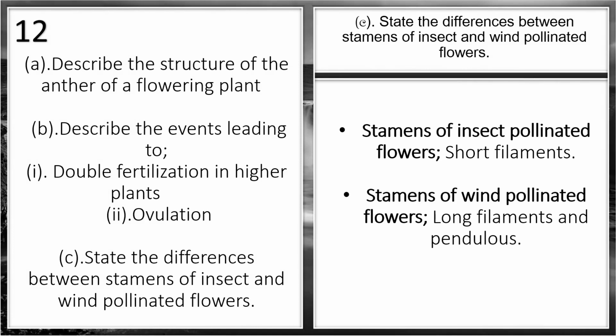Stamens of insect-pollinated flowers have short filaments, whereas those of wind-pollinated flowers have long filaments and peduncles.